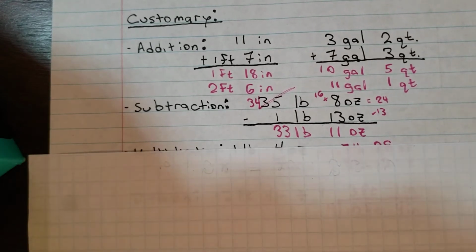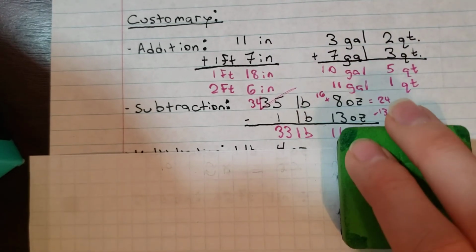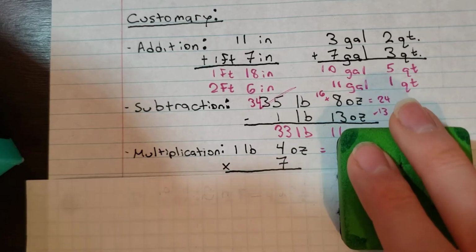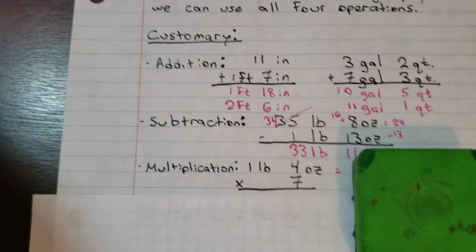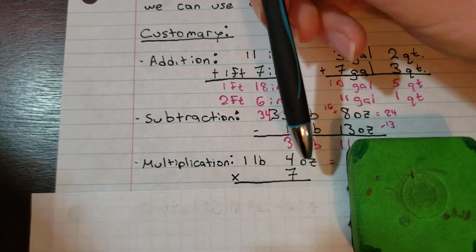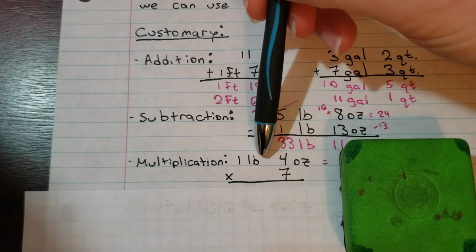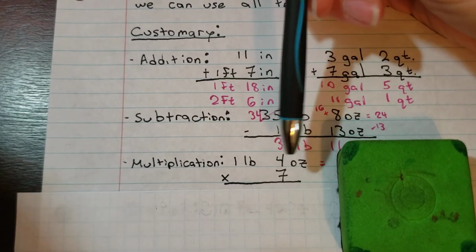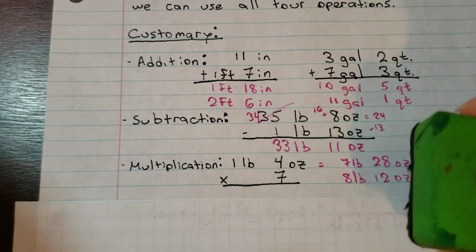Okay. Now, multiplication. Let me just put this guy right there to kind of block it all out. So let's say you buy 7 packages, each weighing 11 pounds, 4 ounces. How much does that weigh? Well, we're going to multiply 7 by 4 ounces.